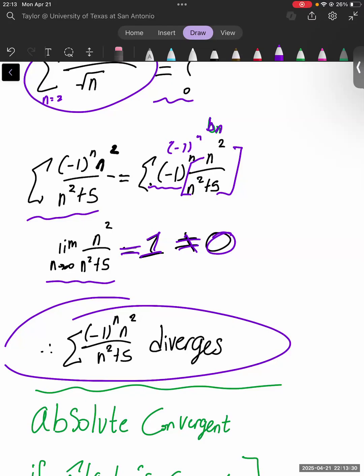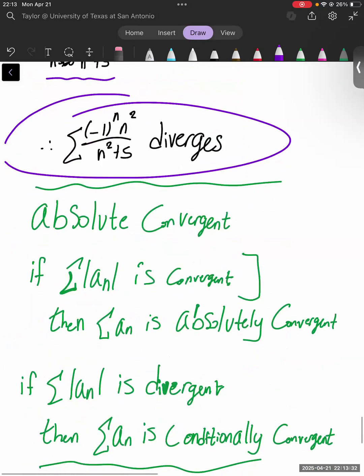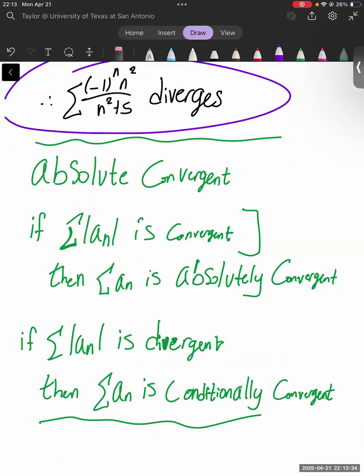Okay, so that was the last example I had for you guys. The last thing I'm just going to talk about is absolute convergence. So in this case, when you have a series, if the absolute value of the series is convergent, then we say that an is absolutely convergent.